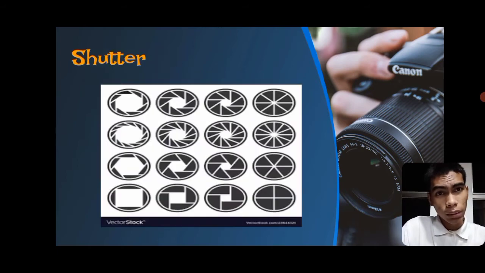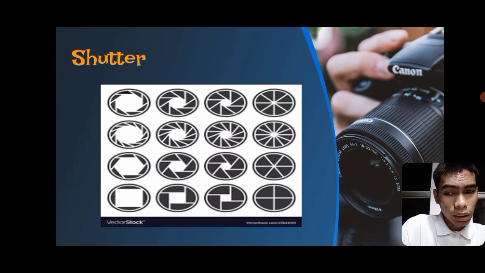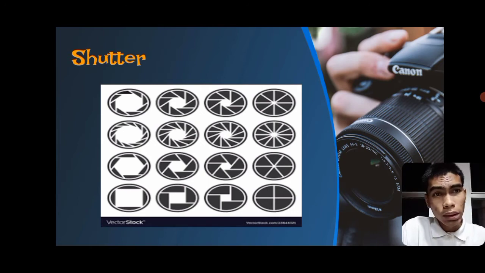The next is the shutter. Shutter is designed to control the time during which the light reaches the film or the image of the photograph.